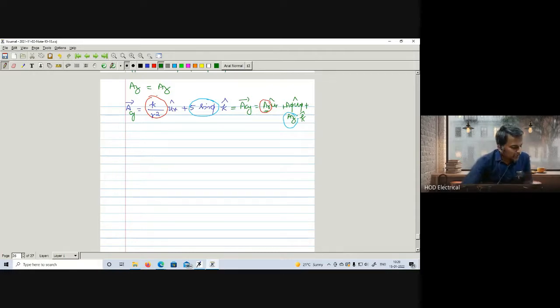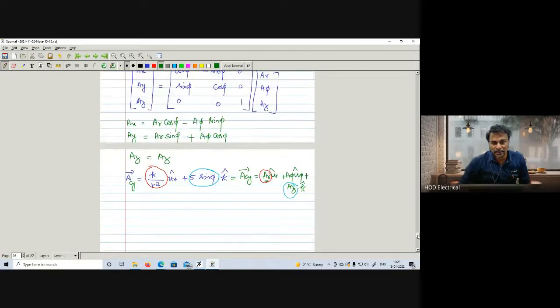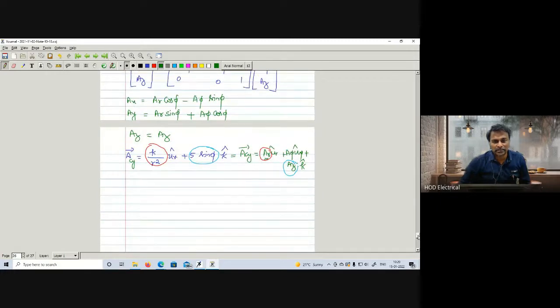Now let me write this equation in the matrix form. We have already done this, so let me take it directly. We will go with these equations. AX is equal to AR, which is K by R square into cos phi, minus A phi, which is 0. Therefore A phi is also 0.